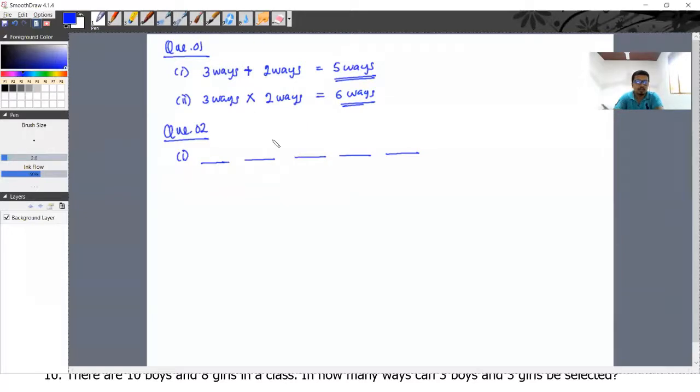If we have used a particular digit, we can't use it again. That is what is meant by repetition not allowed. Right. How many options do we have here?